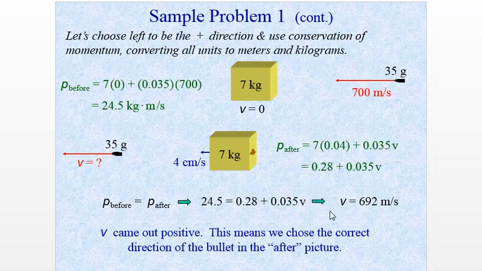And then we have a result for speed. The speed of the bullet after the crash is 692 meters per second.